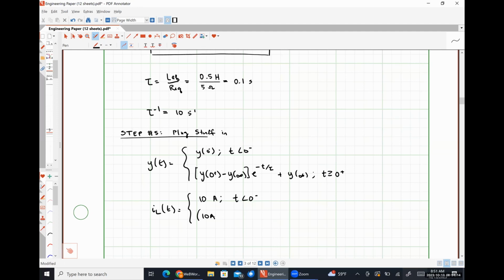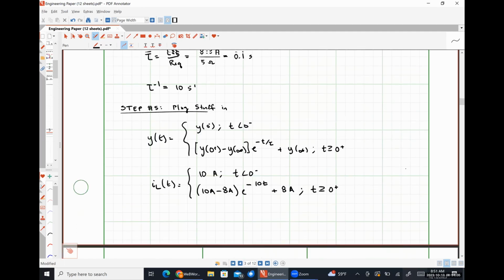What value did IL have at infinity? E to the negative, so what's the inverse of tau? 10 t. Y at infinity was 8 amps. And very obviously, we could just call this thing right here 2 amps if we wanted to. 10 minus 8 is 2 all day long.